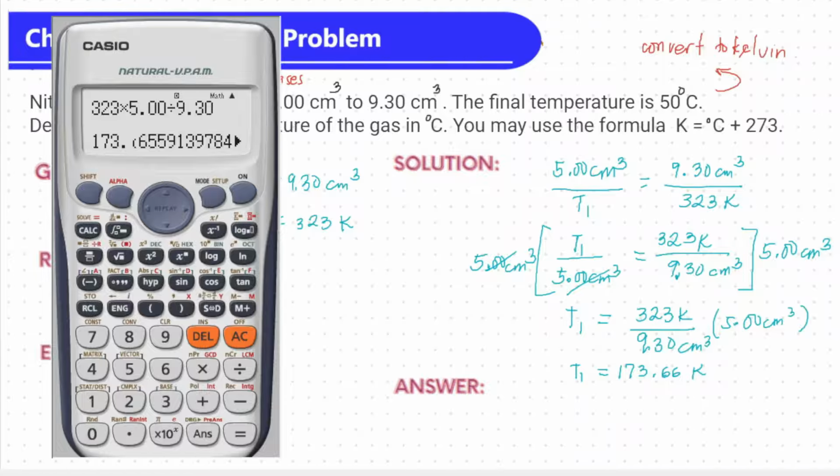Medyo i-adjust lang natin ang ating solution kasi kulang na tayo sa space. So this formula is a rearrangement of the formula you can see on top. So that would be 173.66 Kelvin minus 273.